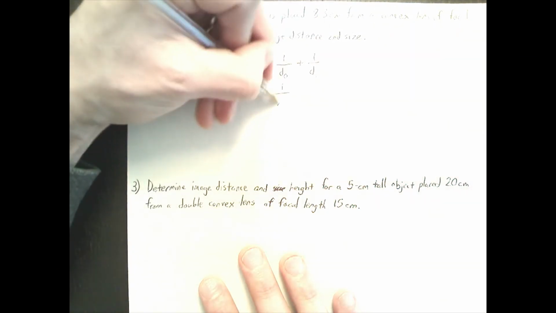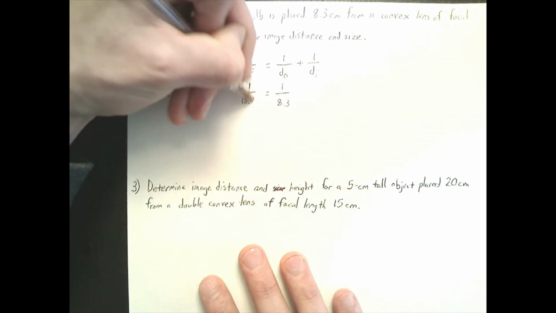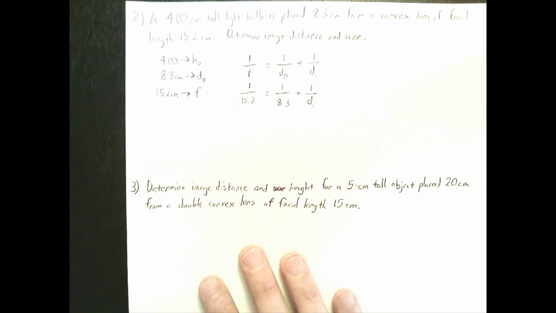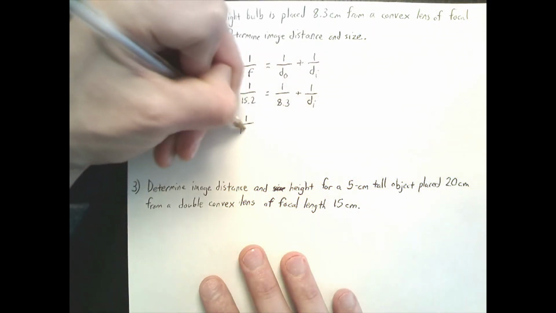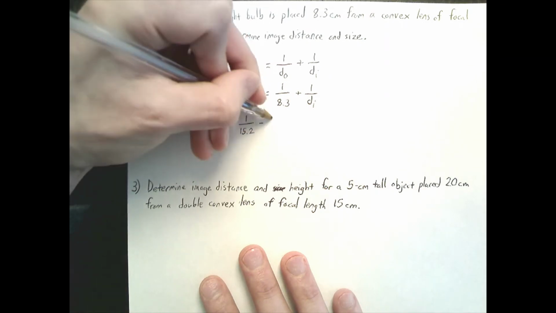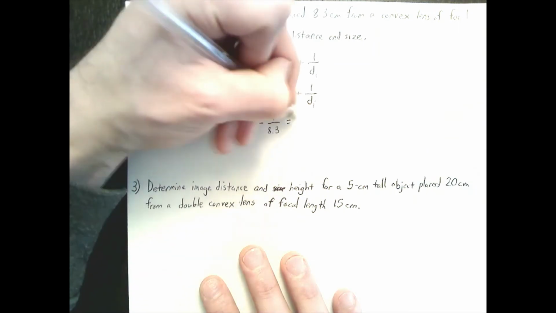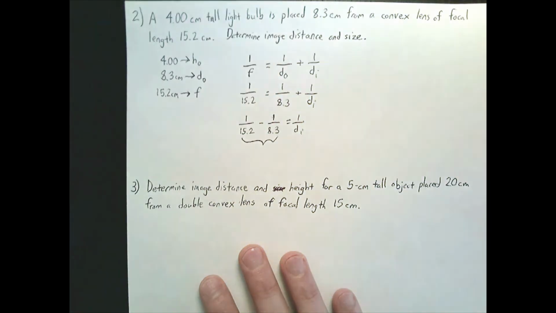DO is 8.3. Our focal length is 15.2, plus 1 over DI on the other side. We can try to simplify or rearrange this. We'll get 1 over 15.2 minus 1 over 8.3 equals 1 over di. And we can put the left-hand side of our equation into our calculator.